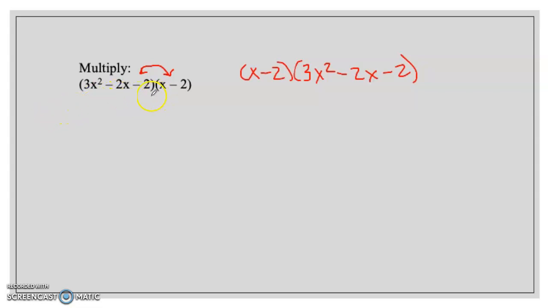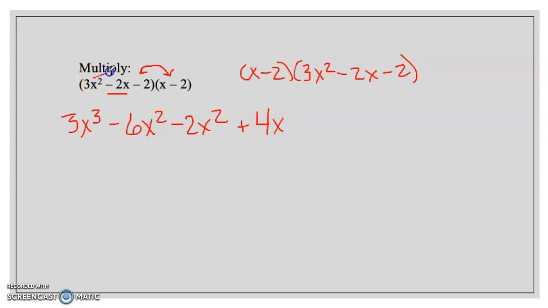So if we took these 3 things and multiplied them, 3x squared times x is 3x cubed. 3x squared times negative 2 is negative 6x squared. Then we use this negative 2x times x, and that's negative 2x squared. Negative 2x times negative 2 is positive 4x.